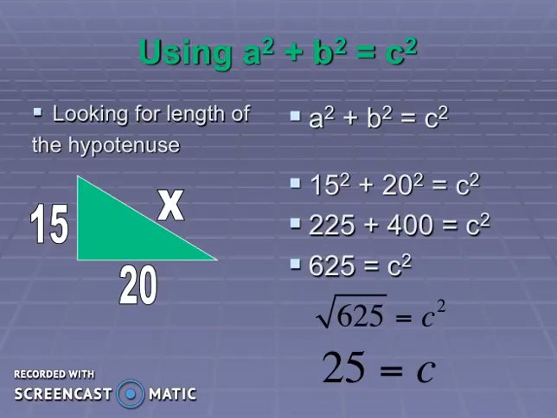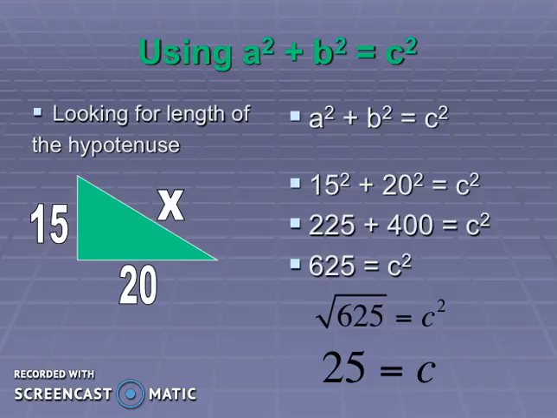We've got leg A labelled 15, leg B labelled 20, and our hypotenuse is the one we're looking for, X, so we label that C. Substituting the values of A and B into the formula and squaring those numbers gives us 225 plus 400 equals C squared. Therefore, 625 is equal to C squared.